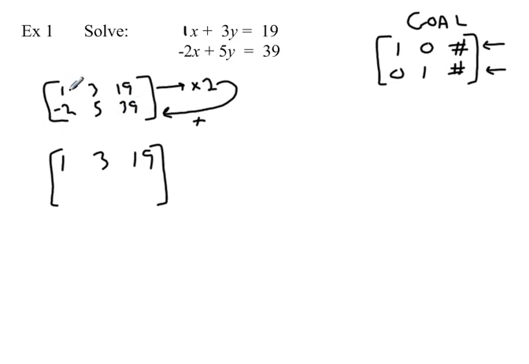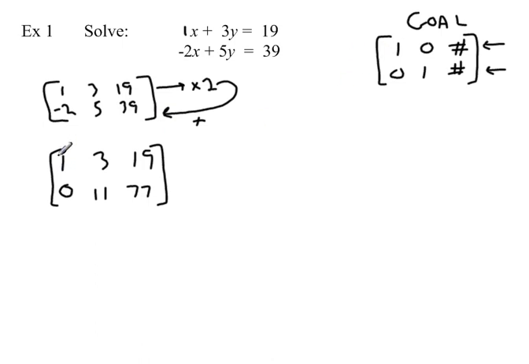So 1 times 2 is 2, plus -2 is 0. 3 times 2 is 6, plus 5 is 11. 19 times 2 is 38, plus 39 is 77. So we made a new bottom row by multiplying the top row by 2 and adding it to the old bottom row.